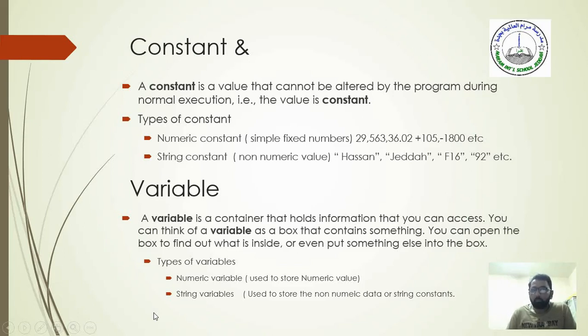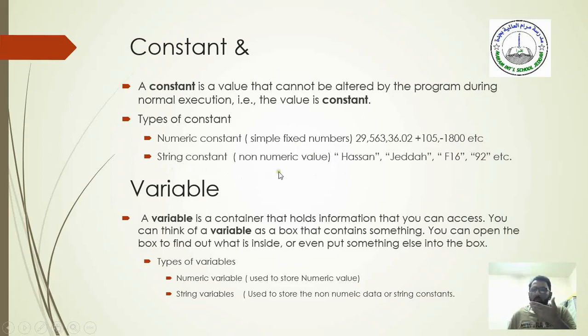There are 2 types of constants. Numeric constants are simple fixed numbers, like the examples I have given: 29, 563, 36.08. These kinds of values we can fix as numeric constants. Then we have the string constant.